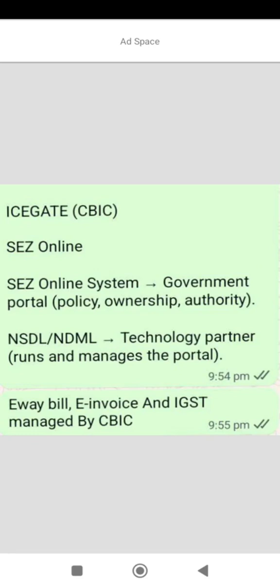But the SEZ Online system is managed by a private sector company, NSDL, National Securities Depository Limited, okay, which is a parent company of NDML. NDML is a subsidiary company of NSDL. Okay, what is a parent company and subsidiary company?